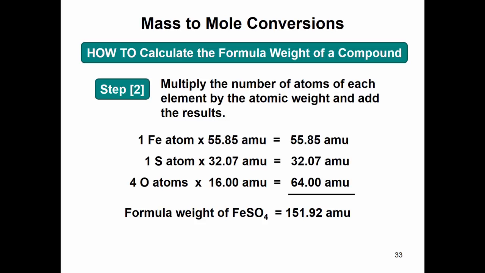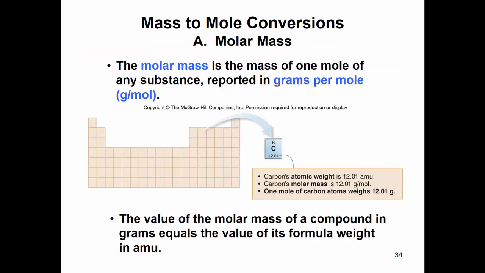A more useful unit for us is what we call molar mass. Because the periodic table is all based upon 1 mole, and we've established that in previous lectures, we can add up the molar mass of a molecule or a compound the same way, but instead we report our answer in grams per mole. That's our new unit.